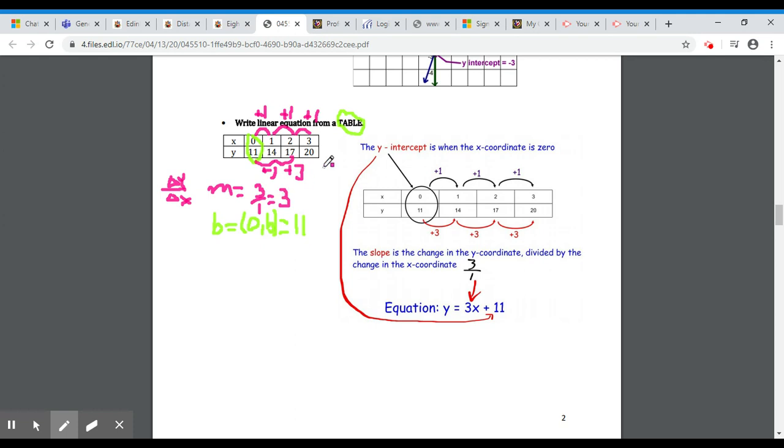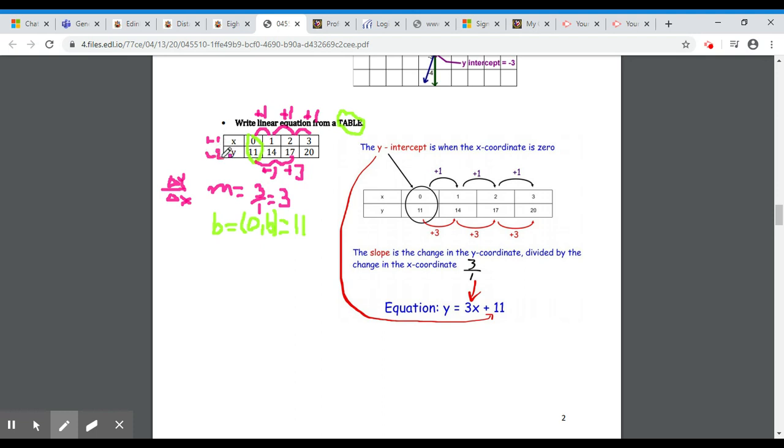Now, because we have our calculators, which hopefully you have access to, you can go into your stat edit and input your x and your y and then do your calc and then your linear regression. Just remember that sometimes we get confused when we're seeing the tables horizontally. The x is going to be your L1 and your y is going to be your L2.